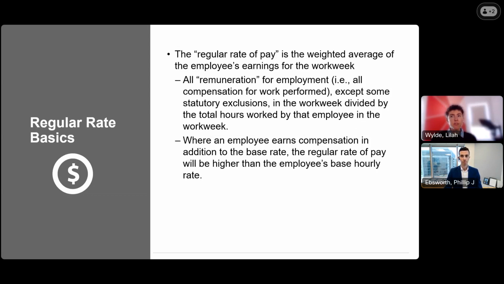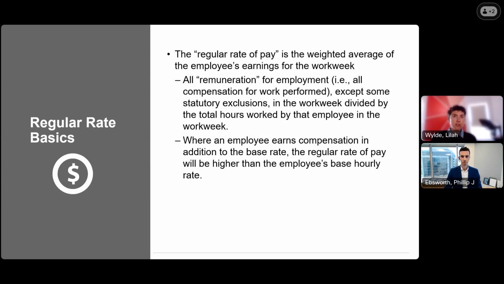All of those forms of pay must be included in the regular rate. Another way to think about it is if the pay is something that the employee is anticipating as compensation for the employee's performance of work, it's very likely it should be included in the regular rate. This total is divided by the total hours worked by that employee in the work week.